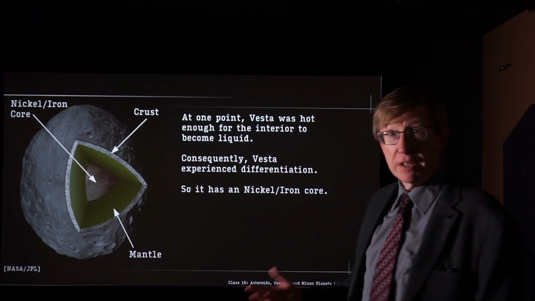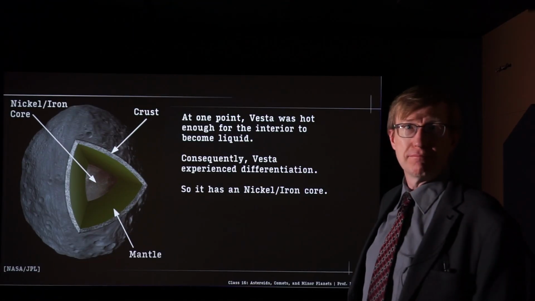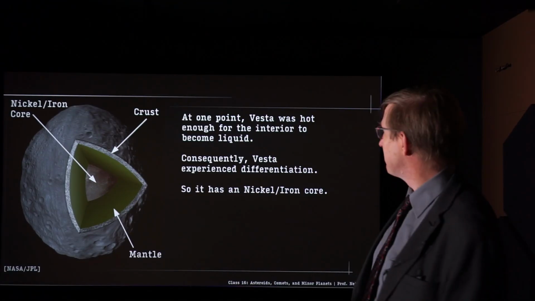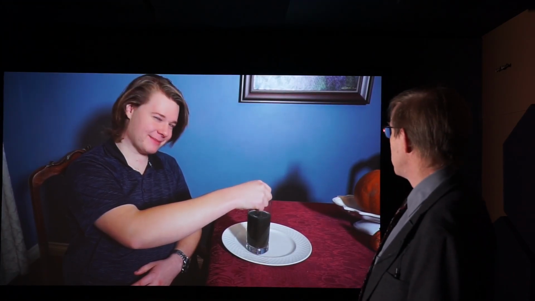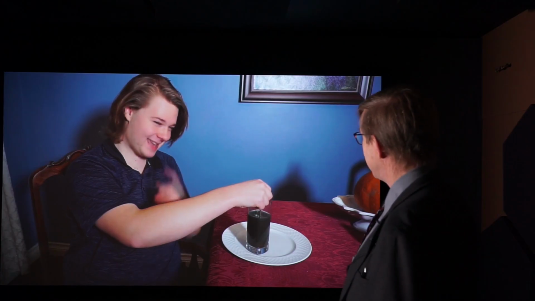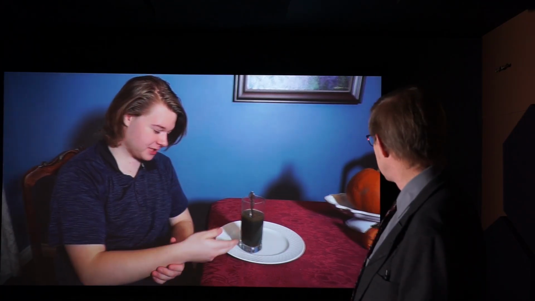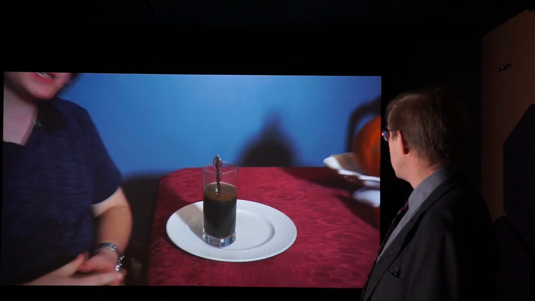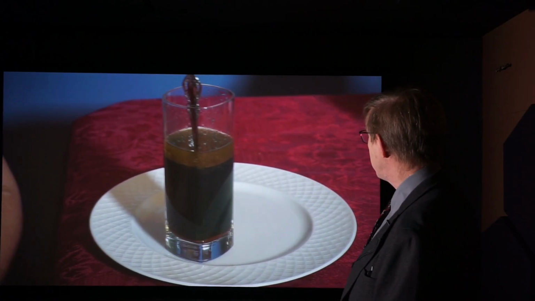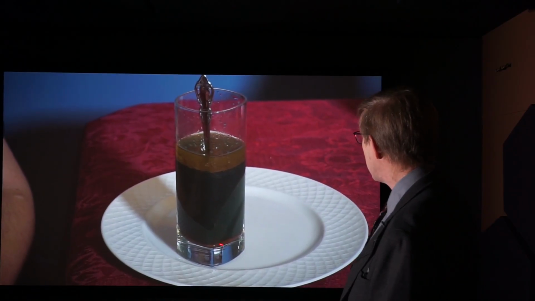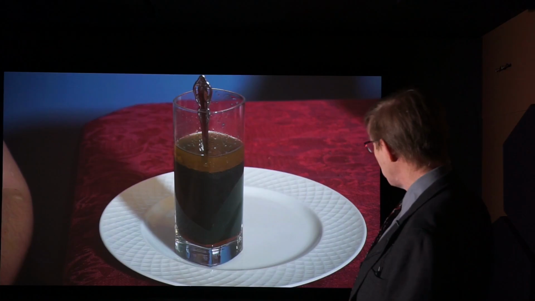So I've got a special guest who's going to give us a little demonstration of differentiation. Joel, what do you got going on? I am preparing a demonstration of differentiation. Exactly. It is when heavy stuff will float to the bottom and lighter stuff will float to the top. So what we're seeing here is the same picture as with Vesta. We've got the iron core in the bottom, the olivine mantle, and the crust floating to the top.